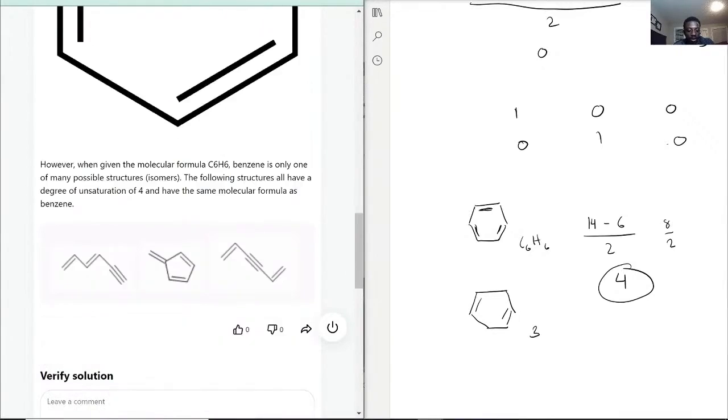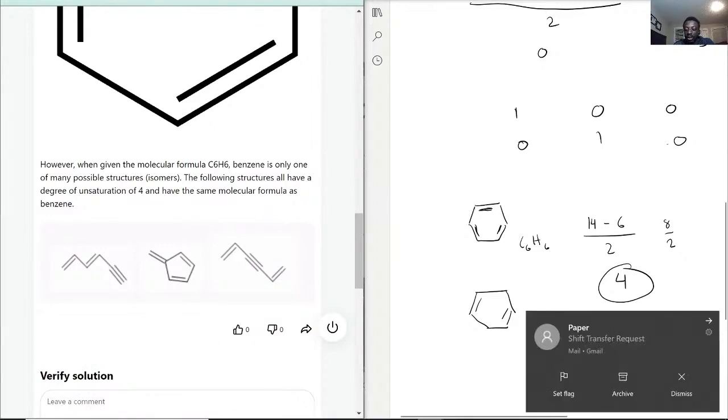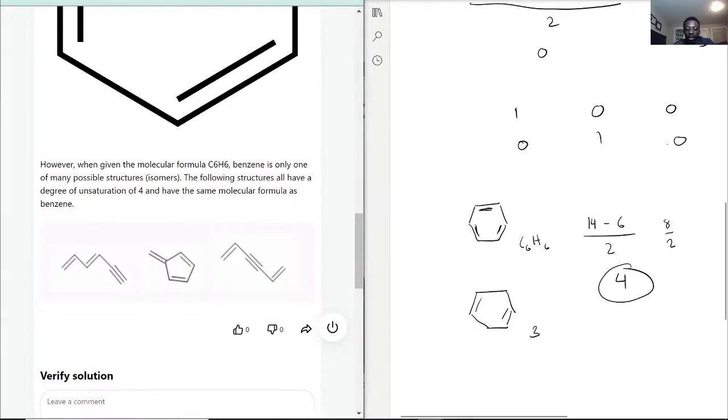And they do mention that just because you know the degree of unsaturation and the type of molecule doesn't mean all of a sudden that you know what type of structure it is, because they show there's a bunch of isomers here that still have C6H6, but it's not benzene. These are all isomers of it because they have the same formula.